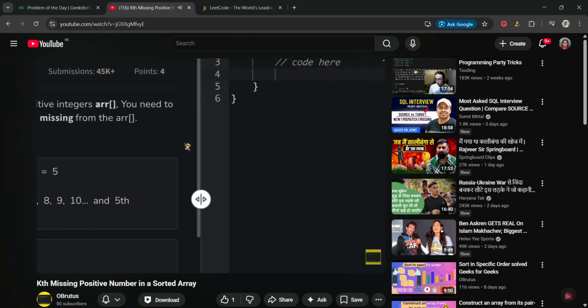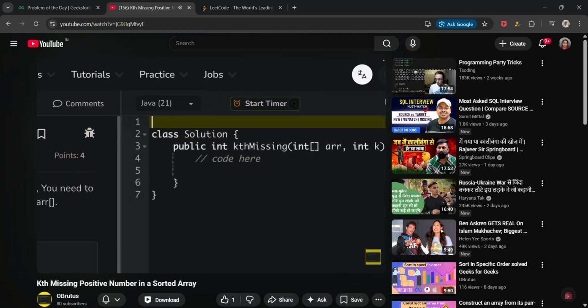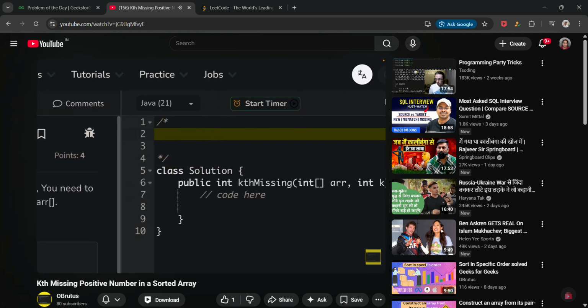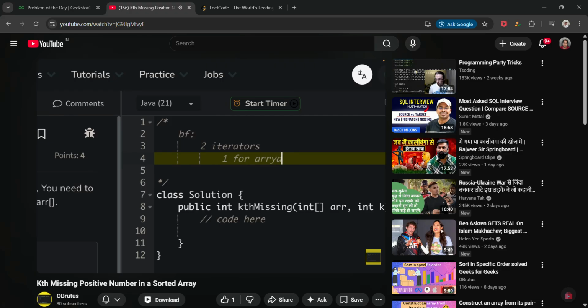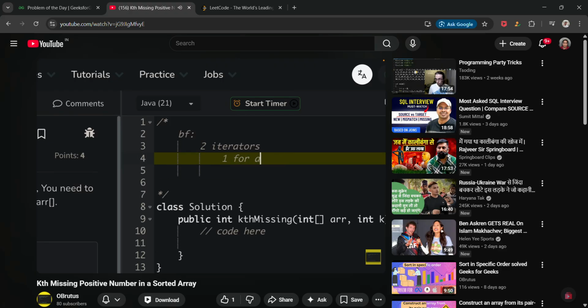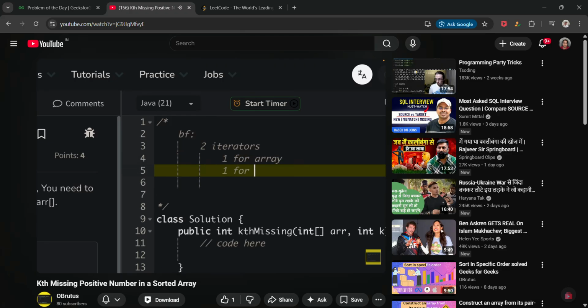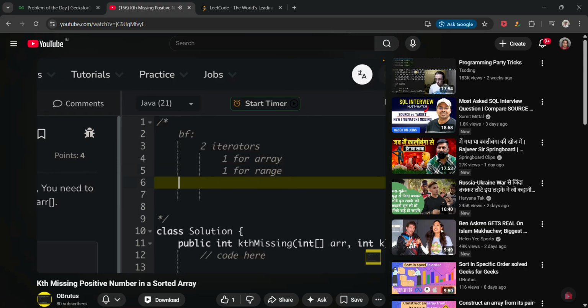Well, first of all, one thing which directly comes into our mind is the brute force approach, where one can say that I'll have two iterators, one for the array and one for the range. As the range progresses and as the array elements meet, we would advance the iterators accordingly, and at those moments we'll keep track of missing elements.